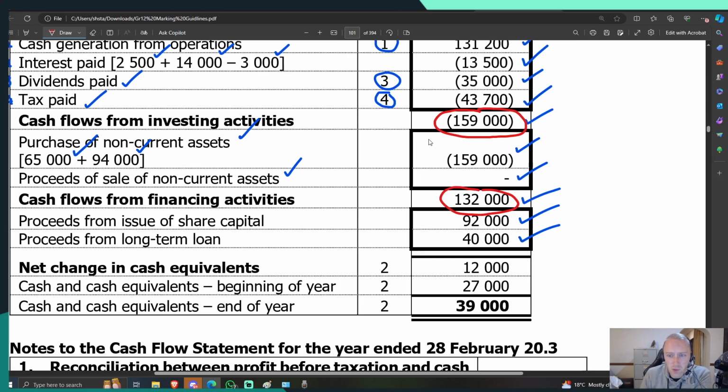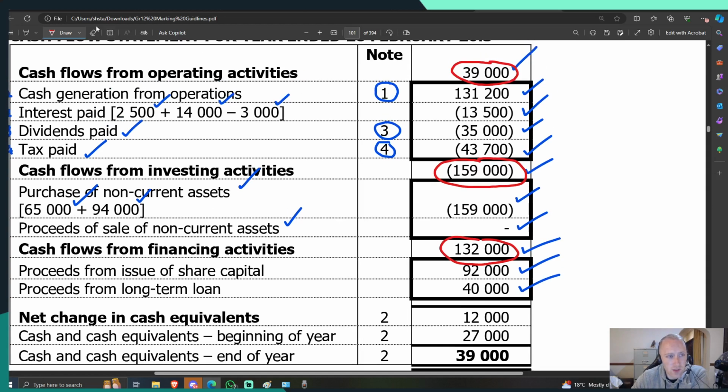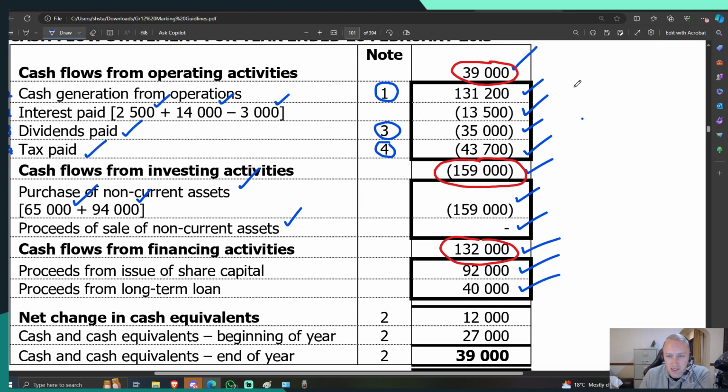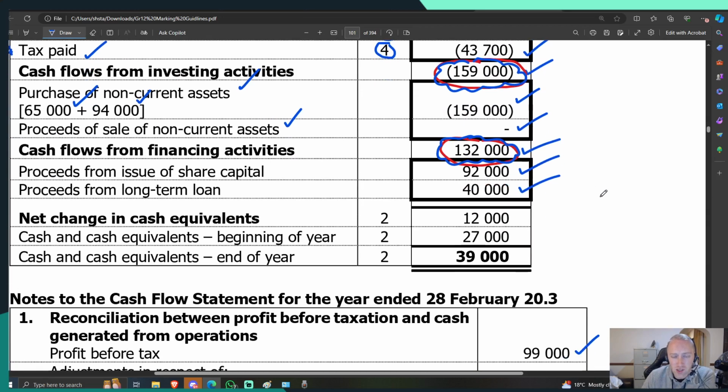Okay, now we have our 3 cash flows. Let's see what happens when we add those together. 39,000 minus 159,000 plus 132,000 gives us a total net change in cash and cash equivalents of 12,000 Rand.